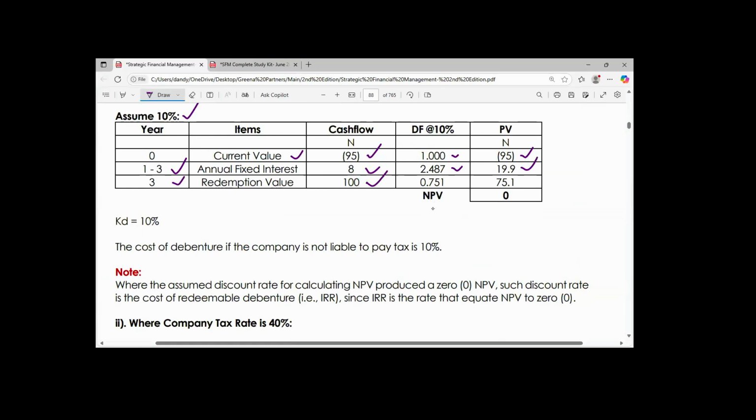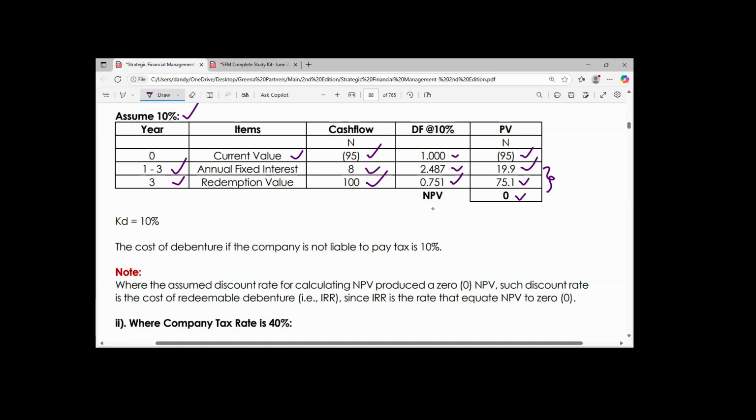Using a 10% discount rate for year 3, the discount factor is 0.751. 0.751 multiplied by 100 will give us 75.1. When you add everything together, you start from the positive present value: 19.9 plus 75.1 will give you 95. 95 minus 95 is equal to 0.